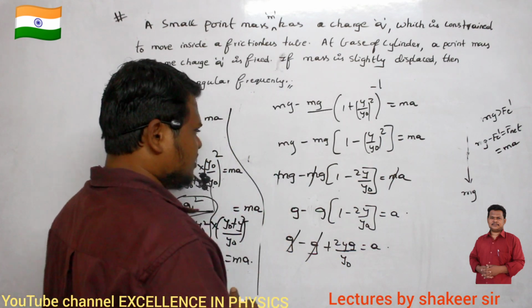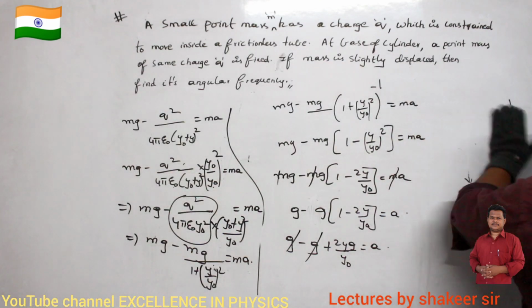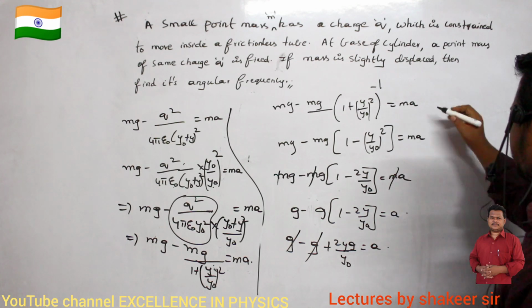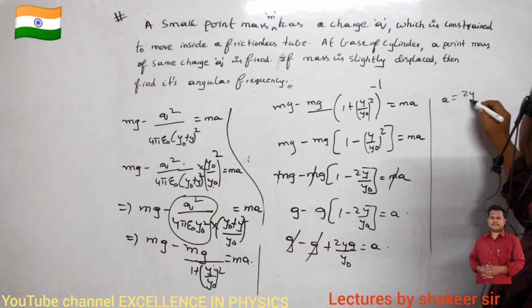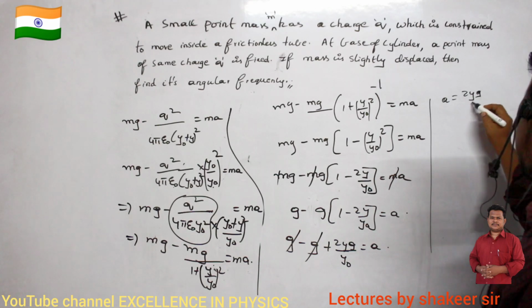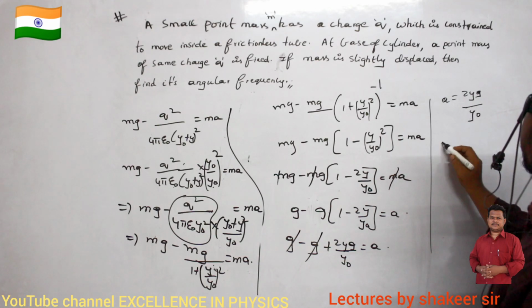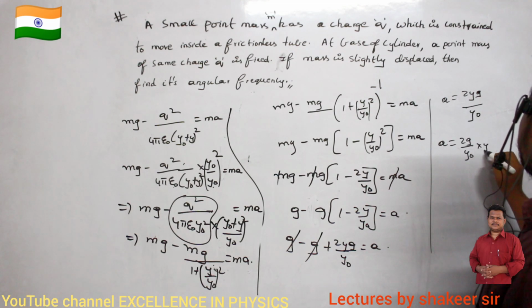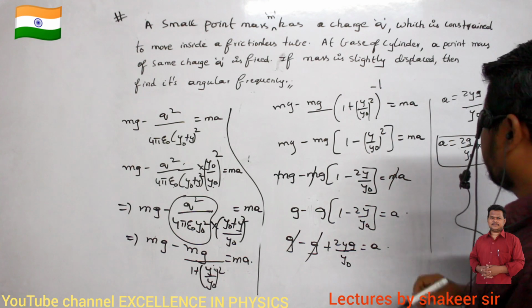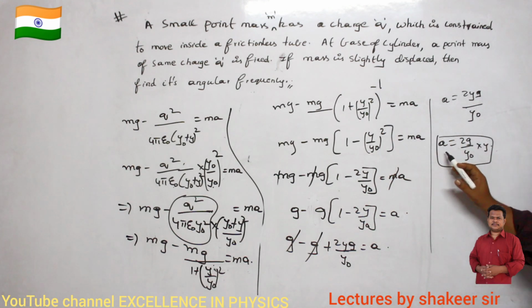So plus g and minus g get cancelled. So what is the final relation I have? The final relation is a is equal to 2yg divided by y naught. So this can be written as 2g divided by y naught into y also. Clear? So what is meant by a here?